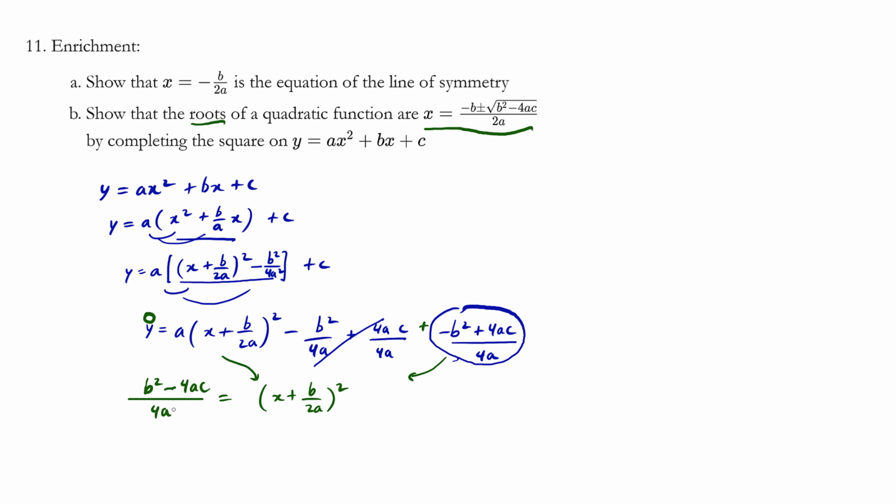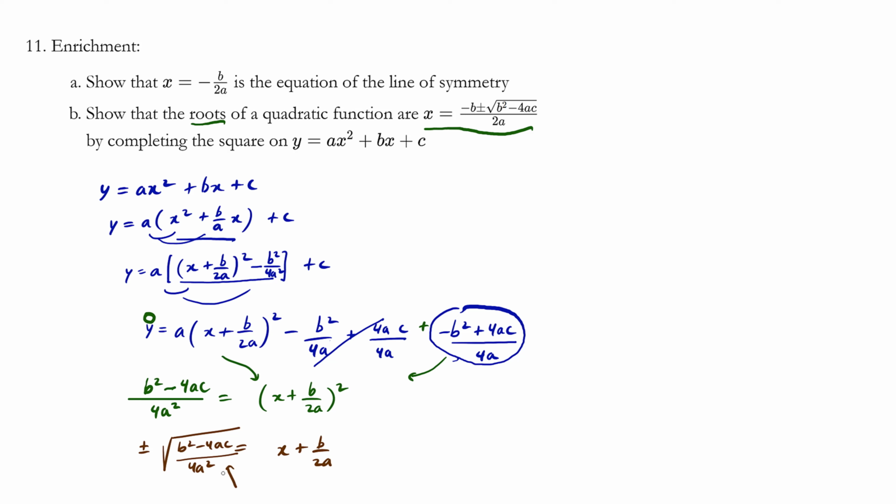However, think about it. This becomes a squared because an extra a ends up on the bottom, not the top, because we're dividing by a. So as a fair Texas judge, yeehaw, we're going to square root both sides, and we're going to get x plus b over 2a, and you have something squared, so it's going to be plus or minus the square root of this entire thing on the left: b squared minus 4ac all over 4a squared.